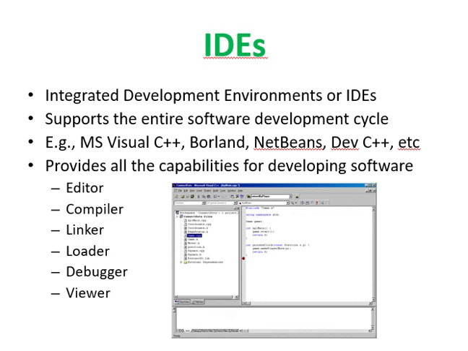Some of the integrated environments discussed here include MS Visual C++, Borland, NetBeans, Dev C++, etc. There are a lot of other integrated environments that we use, because they have an editor, compiler, linker, loader, debugger, and viewer. All of these packages are included in the integrated environment.